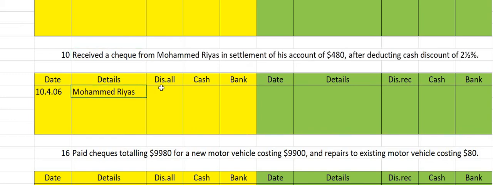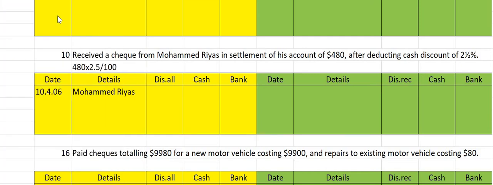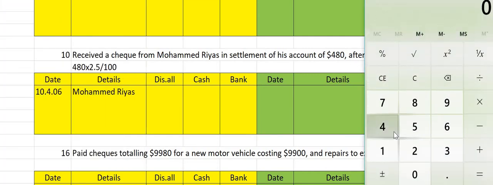Right. Now that means you have allowed a discount of 2.5%. Now we need to calculate 480 times 2.5 divided by 100. We need to find out how much is the discount allowed amount. So let's take the calculator. 480 into 2.5 divided by 100.